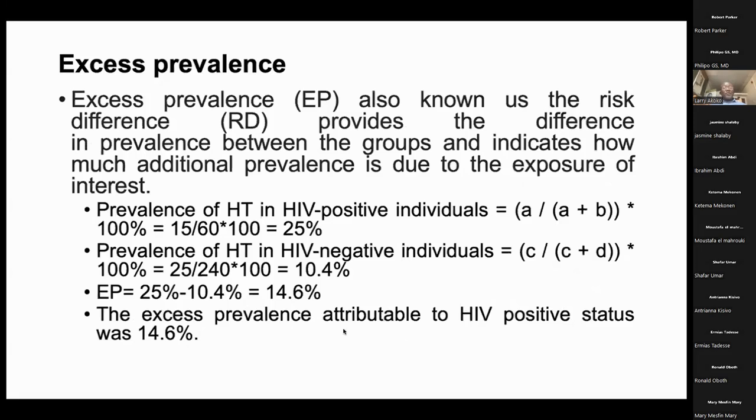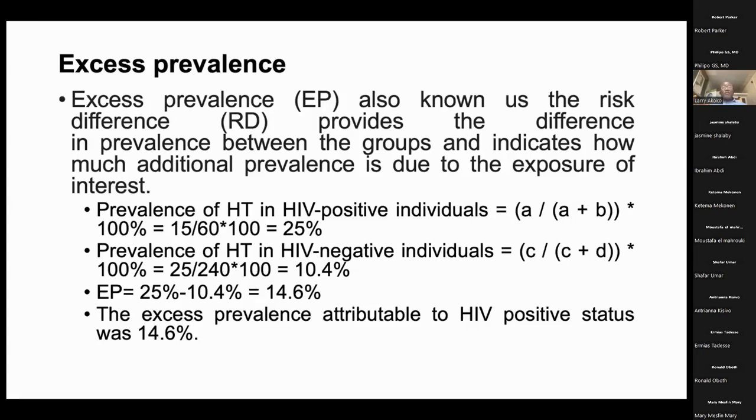So the difference between that 25% and 10.4% is 14.6%. So 14.6% becomes the excess prevalence of hypertension, which is attributable to being HIV positive in this population.